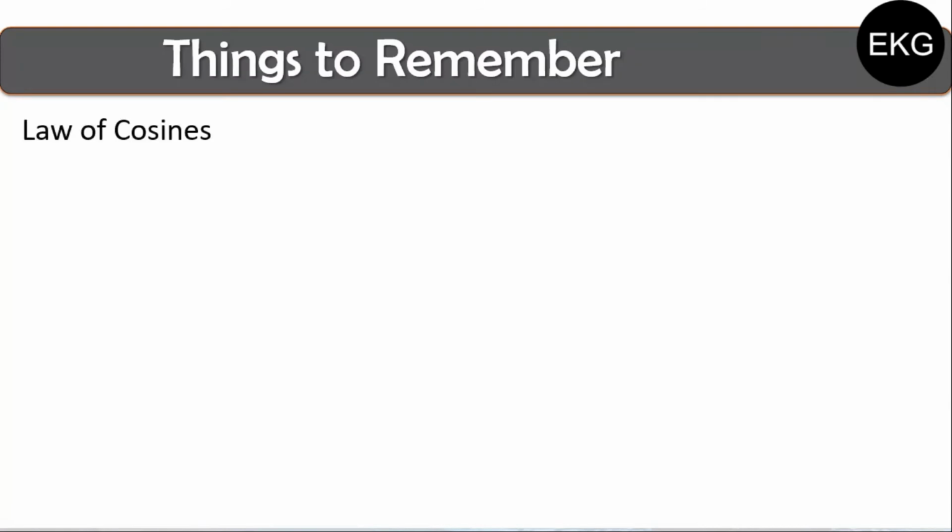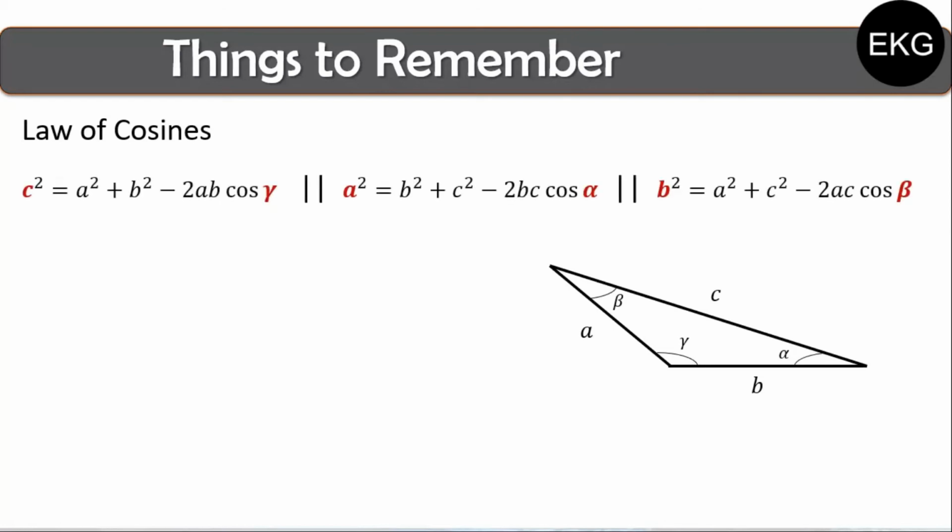Things to remember when applying the law of cosines. Okay? Yung general formula ng law of cosines is ito. So, tatlo. Okay? It's either ito, or ito. Now, kung mapapansin nyo sa formula na to, okay, notice that C, okay, when you use C on the left side of the equation, dun sa kabila naman, ang gagamitin mo na angle will be opposite to side C, which is gamma.